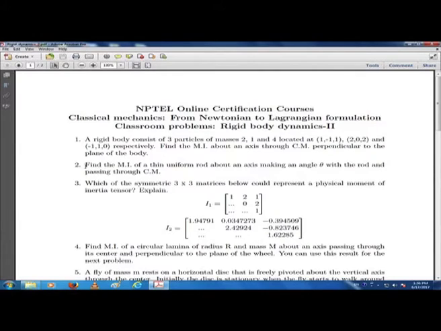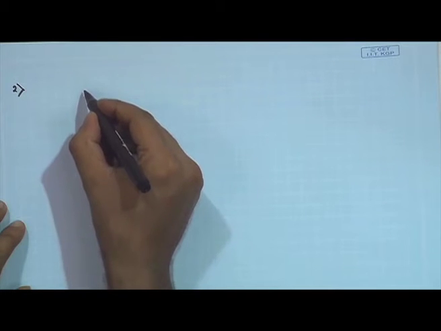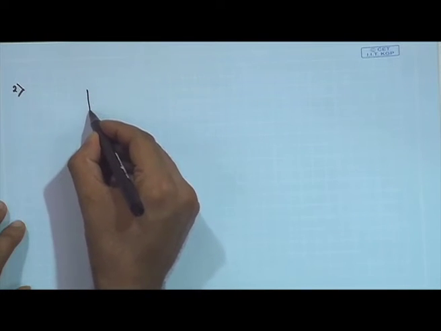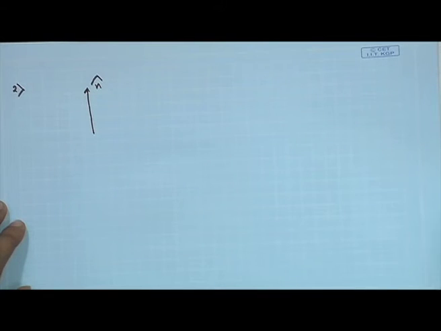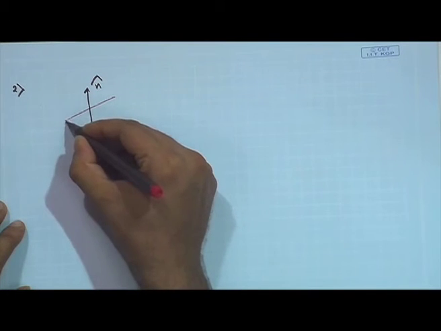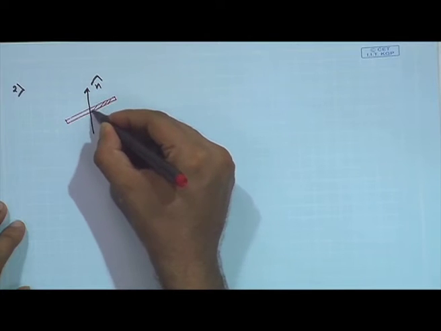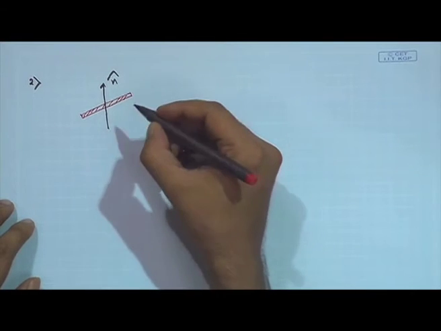Now, the next problem is to find the moment of inertia of a thin uniform rod about an axis making an angle theta with the rod and passing through the center of mass. This one is also an easy problem. In order to solve this, the situation is this. Let us say this is the axis, and this is the rod in question, passing through the center of mass.